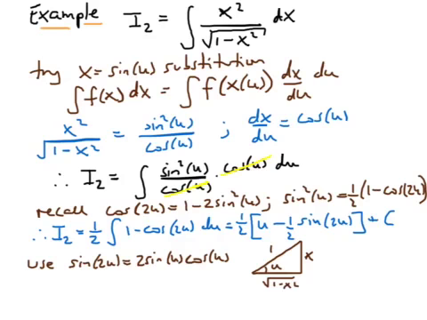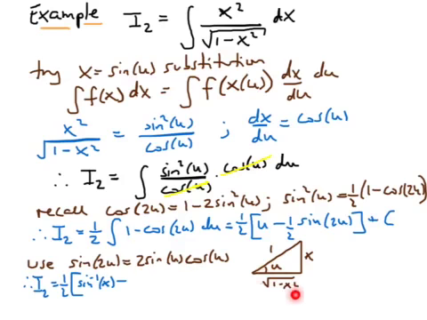So this tells us that our final result is that I2 is a half, big brackets, u is arcsine, or sine to the minus 1 of x, and this in no way implies a reciprocal, this is an inverse function, and then we have minus sign, and the half here will cancel with the 2 here, so we're left with sine u times cos u.